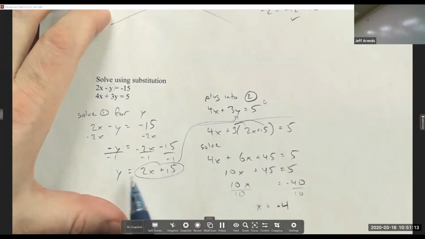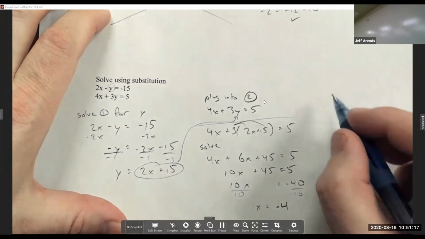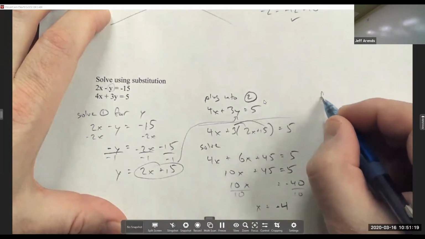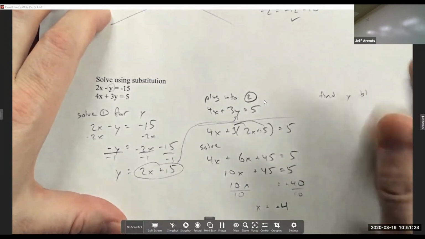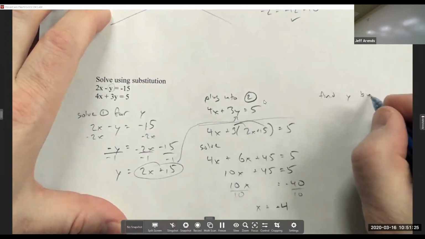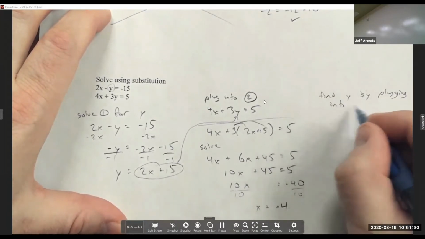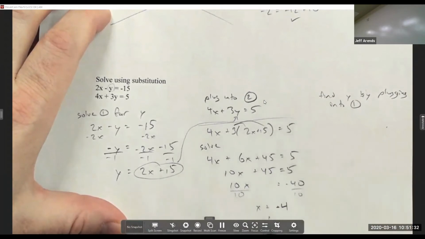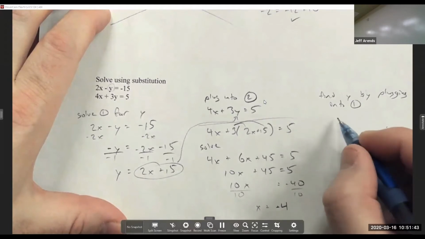Let's plug this back into this equation where I solved for y and use that to find y. And I'm using the modified form of the first equation. I am kind of making the assumption that I didn't make any mistakes there, but I'm okay with making that assumption.